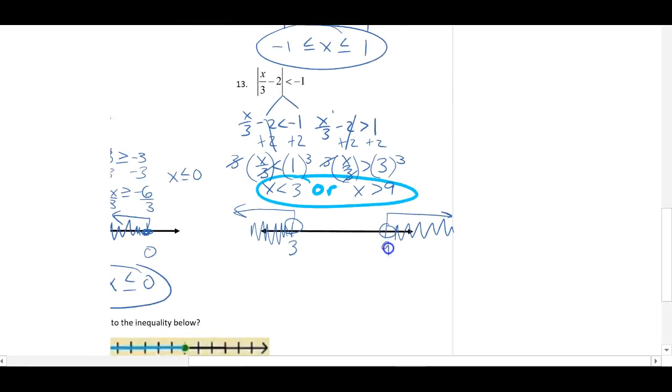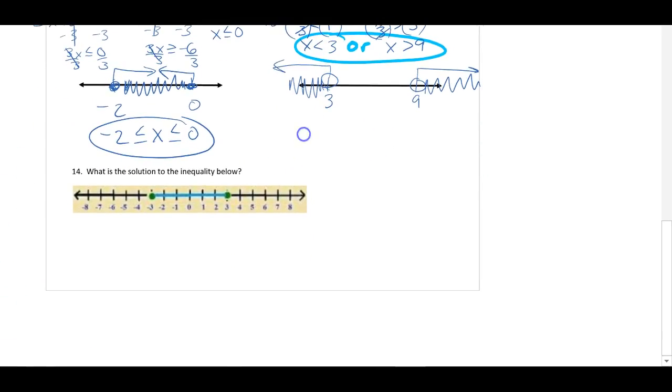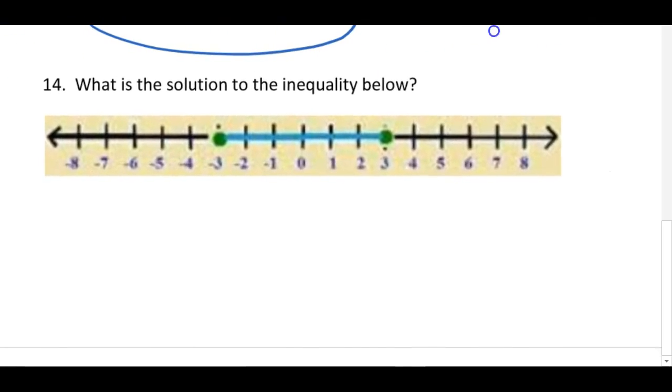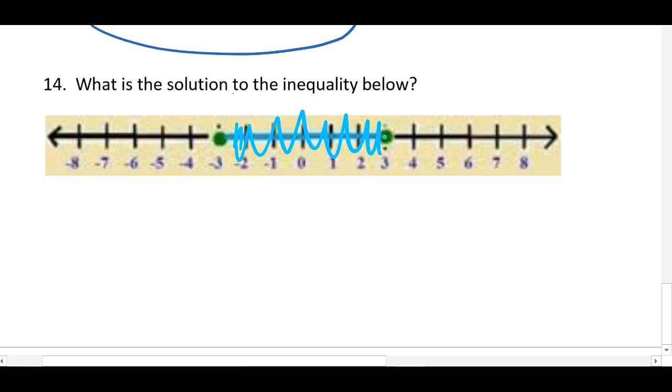Okay, last one. It says, what is the solution to this inequality? Well, if you notice, the shading is in the middle. And so if the shading is in the middle, that means our answers are together. Okay, so let's go down and bring the 3 down here. And then the 3 comes down here, and you know x is in the middle.